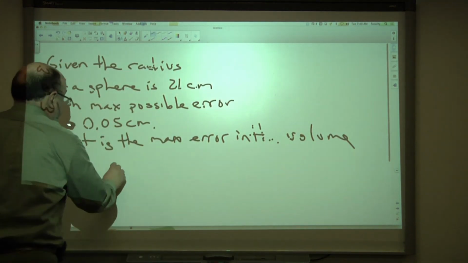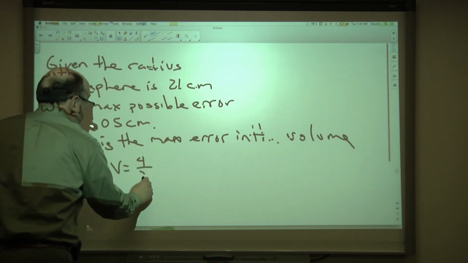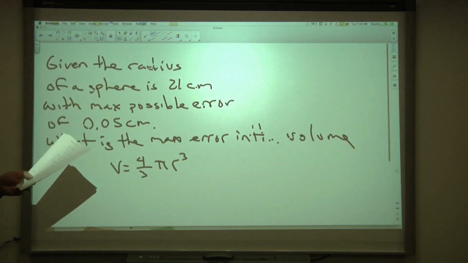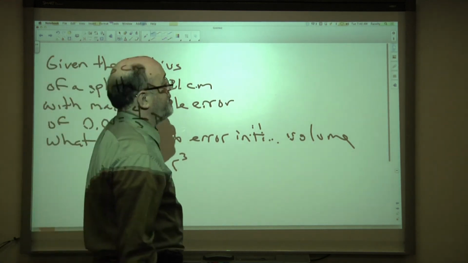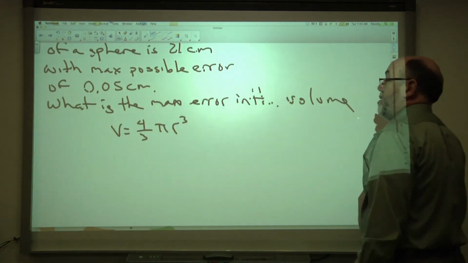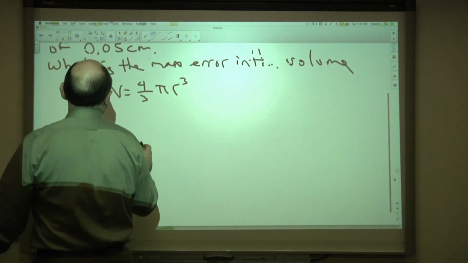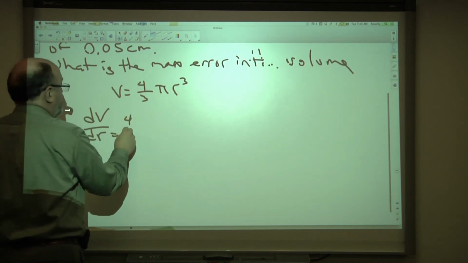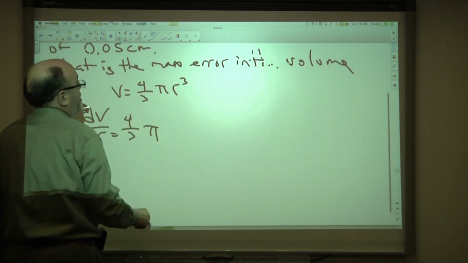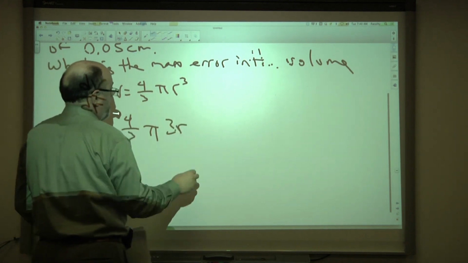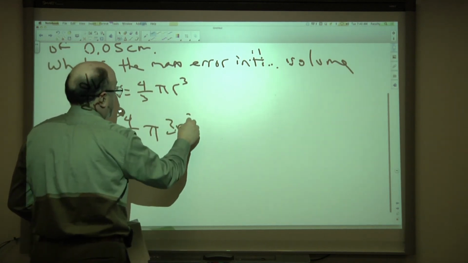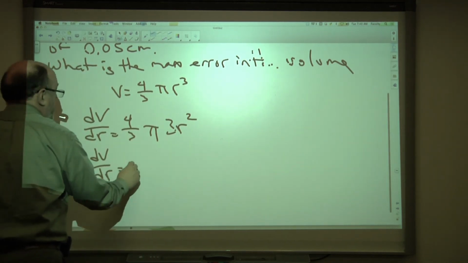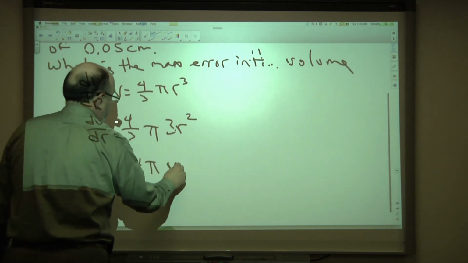So again, it's a sphere, so V equals 4/3 pi r cubed. We want to take the derivative with respect to r. So we get dV dr equals 4/3 pi times 3r squared, which will become dV dr equals 4 pi r squared.